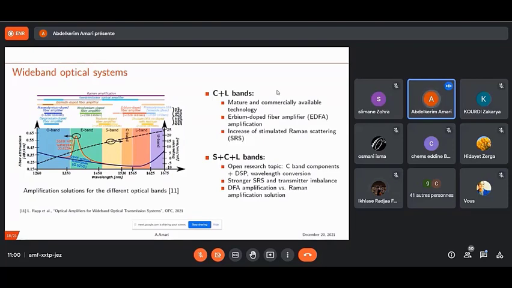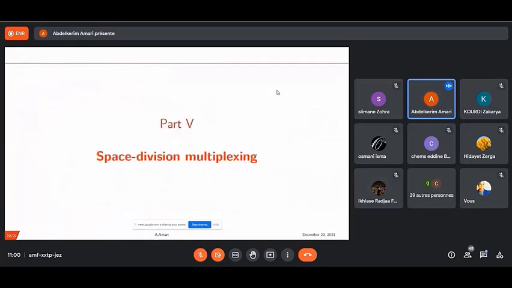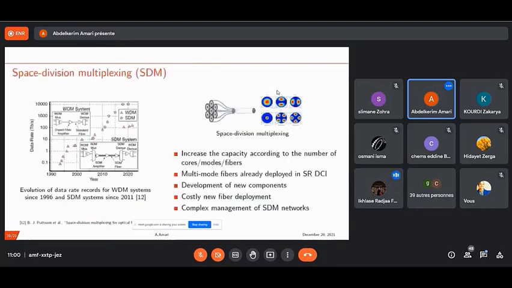But there are also some challenges with Raman amplification for pump optimization, and it also has higher cost than EDFA. And the last approach presented here, space-division multiplexing, increases the capacity according to the number of cores or modes in multi-mode or multi-core fiber, or also when we bundle multiple fibers together.